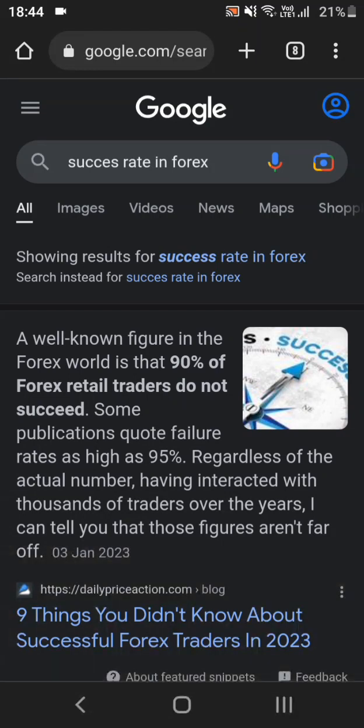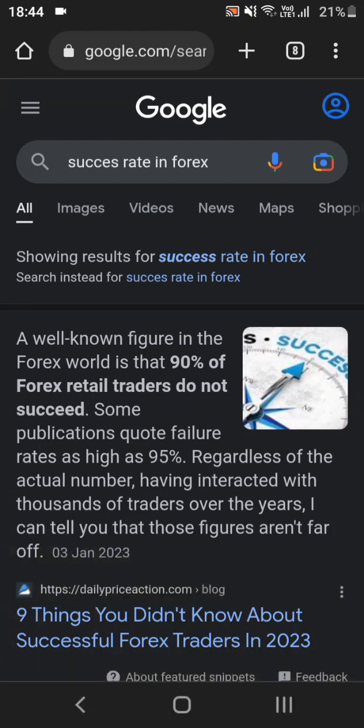It's coming from the 90% of forex retail traders that lose money. If 90% of forex traders lose money, all that money is circulating in the market. That's why this industry is worth $5 trillion per day.